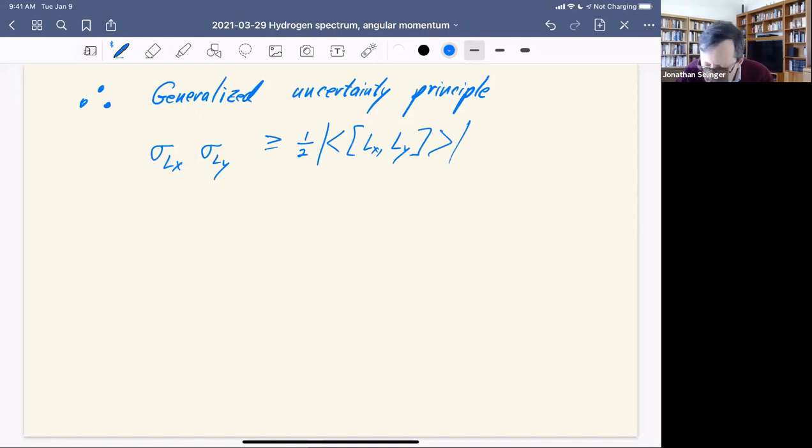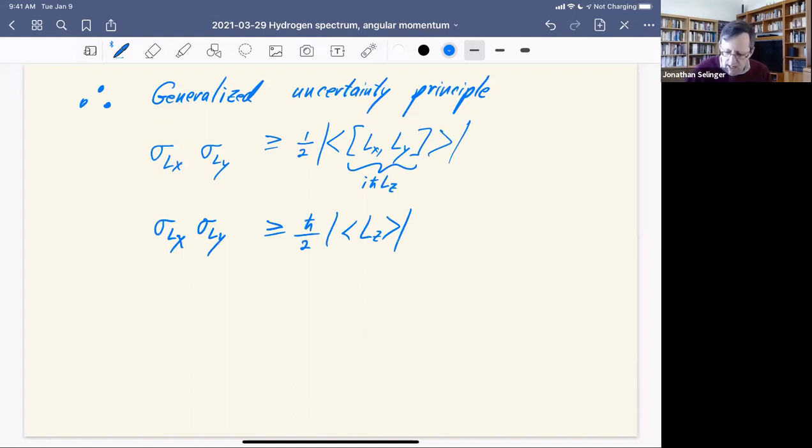And this commutator we just worked out, that's i h bar Lz. So sigma Lx times sigma Ly is greater than or equal to h bar over 2 times the absolute value of the expectation value of Lz.